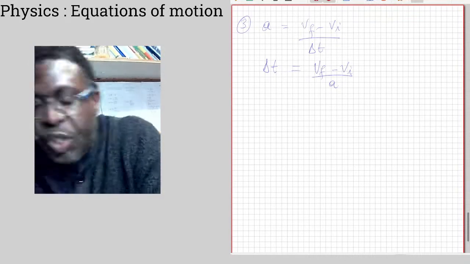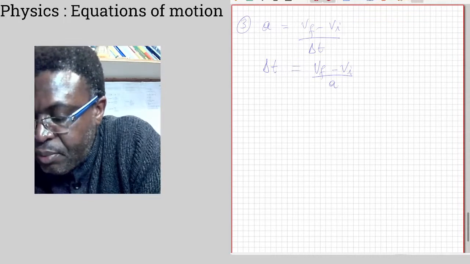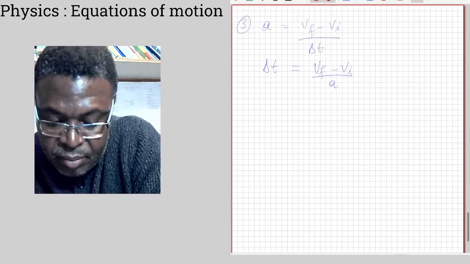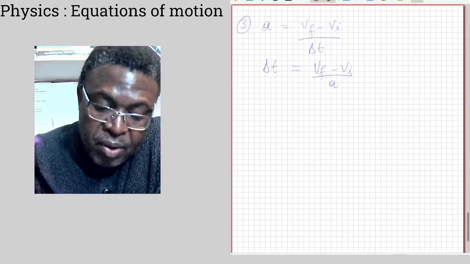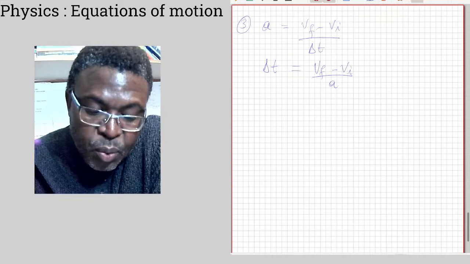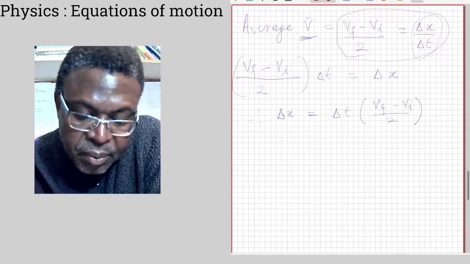Now we want to substitute this. On the previous equation, what did we do? Let's check.